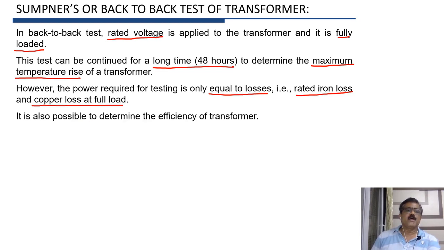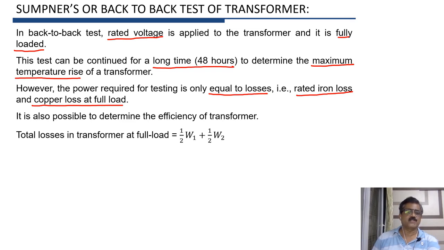Another advantage of this back-to-back test is we can also determine the efficiency of the transformer. Now the total losses at full load are equal to 1/2 W1 plus 1/2 W2, where W1 is the wattmeter reading on the primary side, whereas W2 is the wattmeter reading on the secondary side of the transformer.